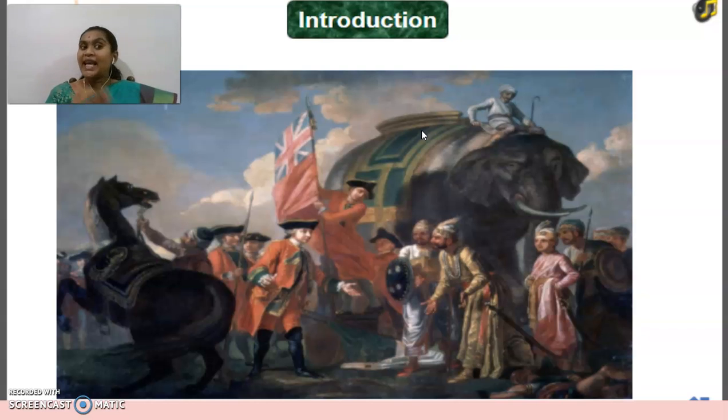So they came to India with the idea of trading, and they approached our kings, because we were following monarchy at that time. Do you know what monarchy or autocracy is? Yes or no? The king or queen rules the country. So at that time we had a monarchy, or we even call it autocracy.